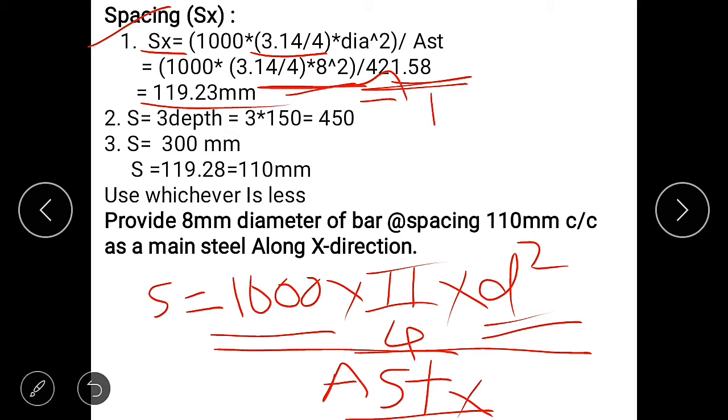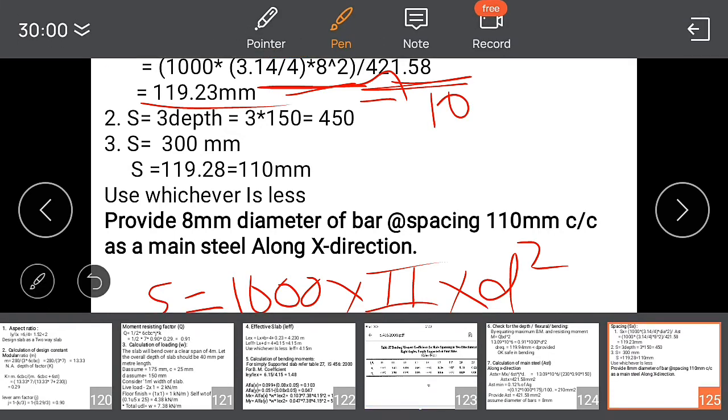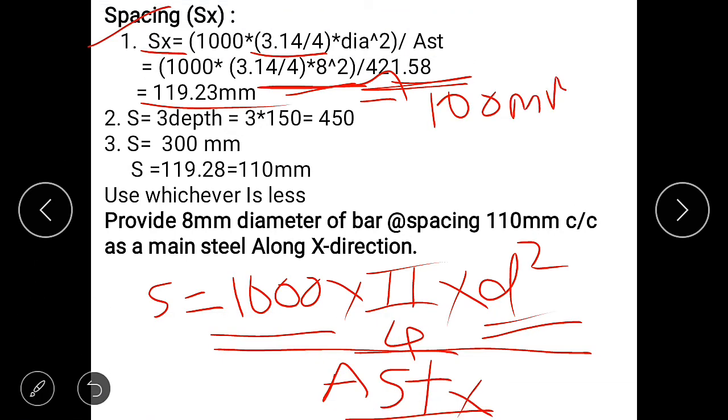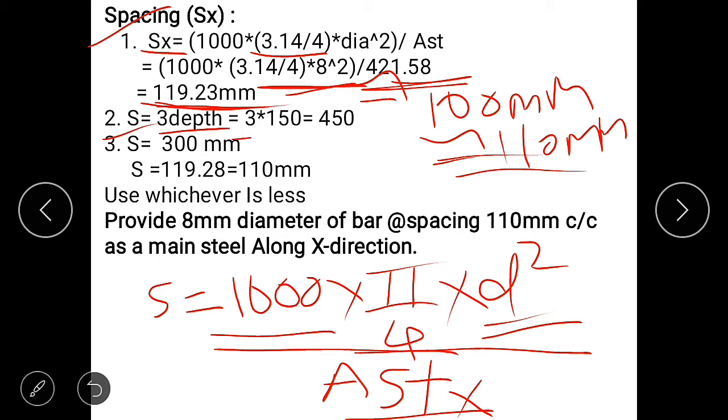So spacing we consider here 100 or 110 mm. Both you can take. So 110 mm we take as spacing. After that, the second spacing is 3 into D, means 3 into depth of slab, which is 150. So 3 into 150 is 450, and the third is 300.